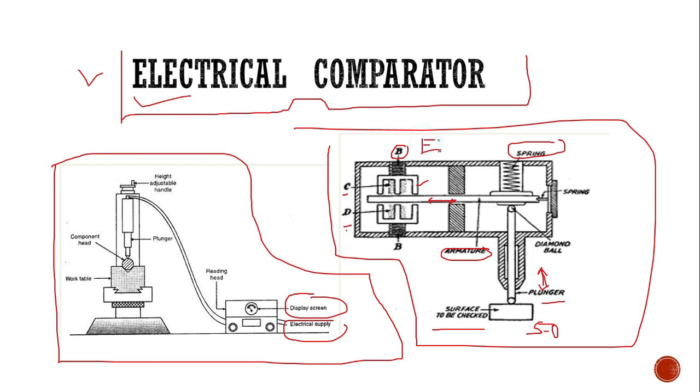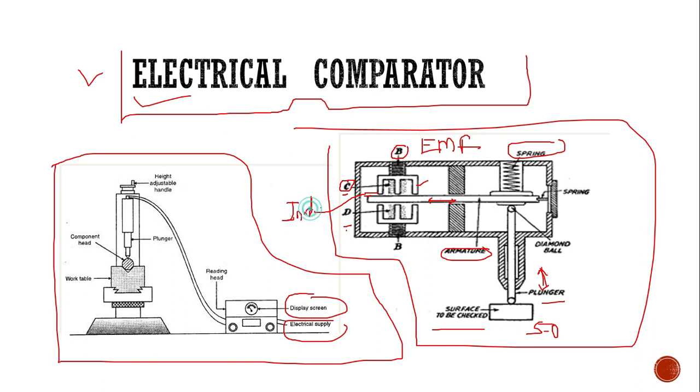And this will produce electromotive force or inductance. See, if this is the gap between this armature and this magnet, then there will be a specific value of electromotive force or a specific value of inductance.